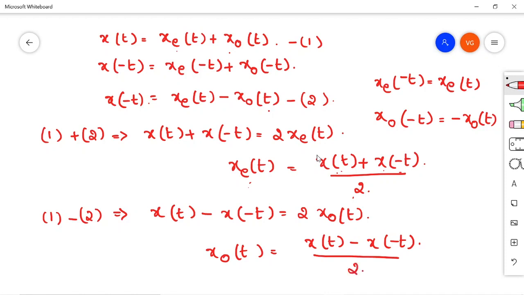That is, take the signal and then take the vertical symmetry of the signal, then subtract both signals and divide by 2. The amplitude you have to make half. That gives you the odd part of the signal. In a similar way you can write for the discrete time signal also. Instead of t, you can replace with n. So this is how you can find the even and odd part of a signal when a signal is given.